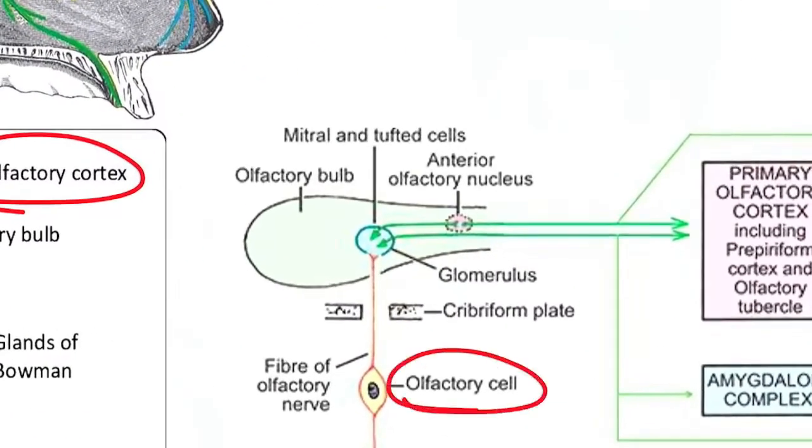One more thing to remember is that the olfactory cell is a bipolar neuron. One pole is connected to the dendrites or cilia, which take up the odor or smell, and the other end is connected to the glomerulus, where synapse occurs and the second order neuron starts.